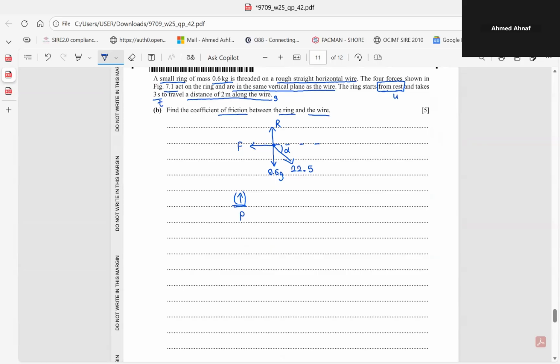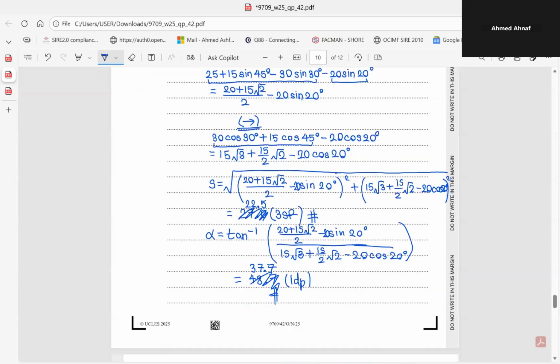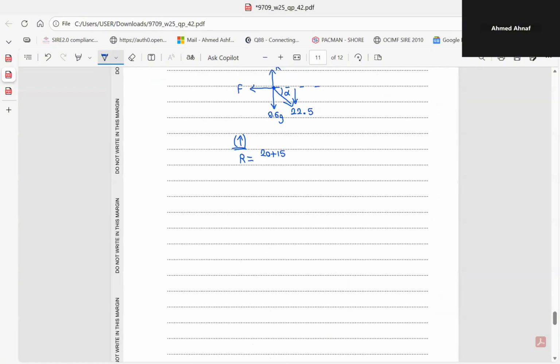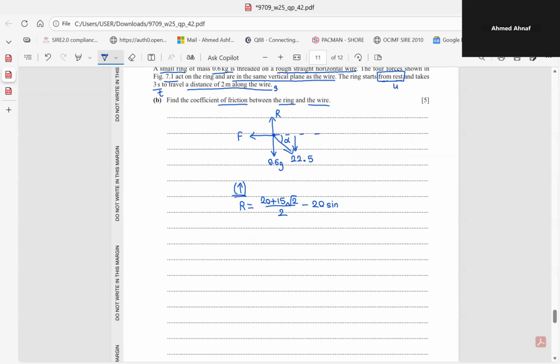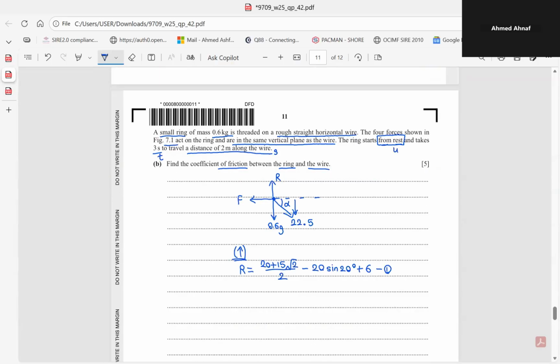So we're going to equate R to the vertical component of this, which we know is this exact value. So 20 plus 15 square root 2 over 2 minus 20 sine 20 degrees, plus 0.6 g, which is just 6. So this can be equation 1.